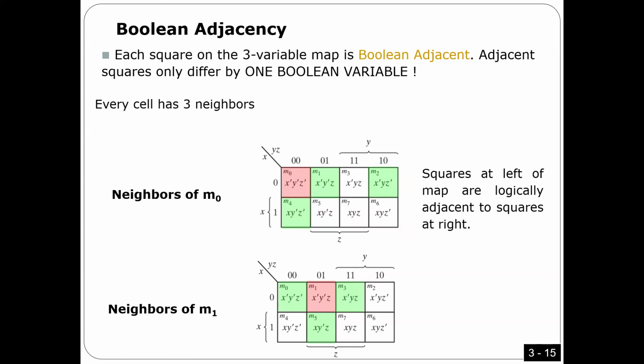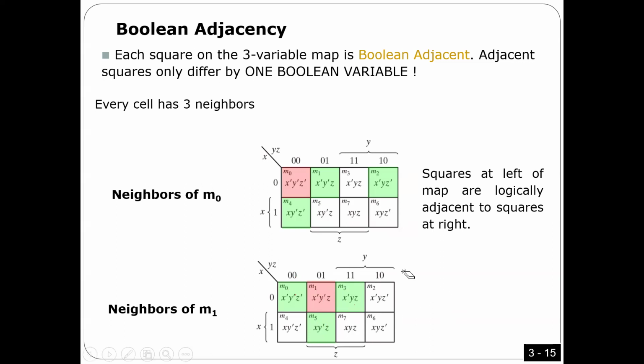If you look, let's start with this one. I want to look for the neighbors of M1. Again, every square has 3 neighbors. Here we have vertical neighbors. This one and this one are neighbors. So this is neighbor, neighbor, and also these two are neighbors.